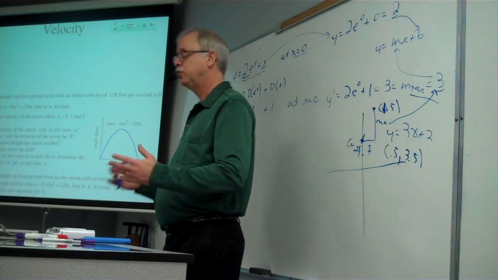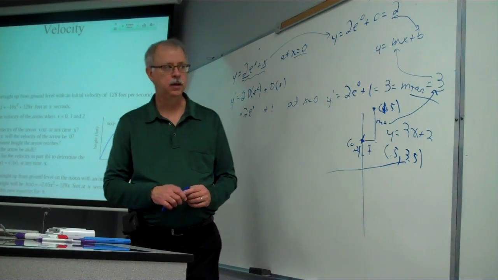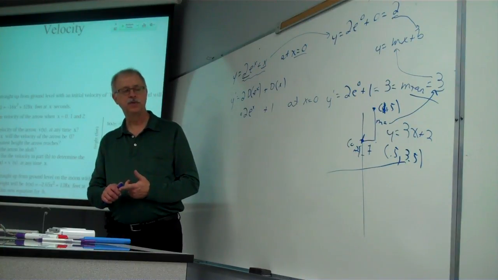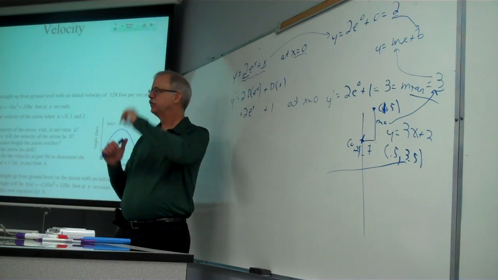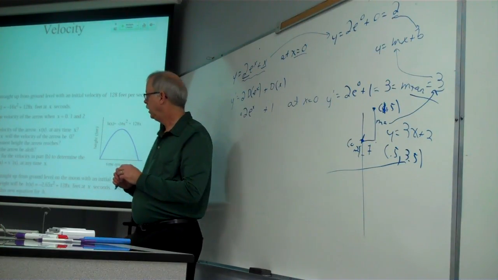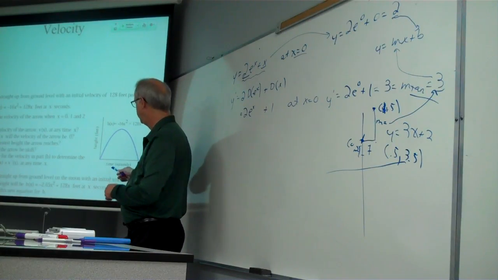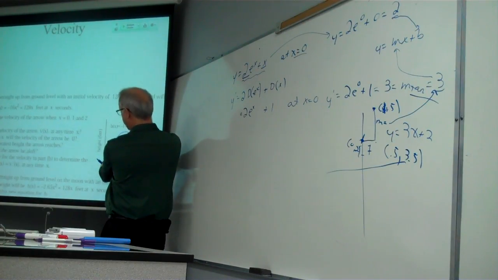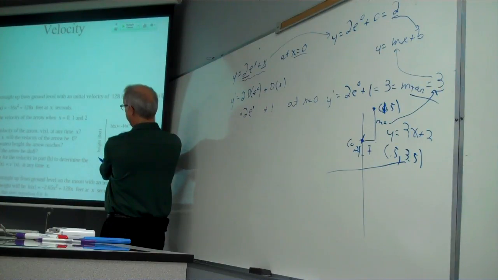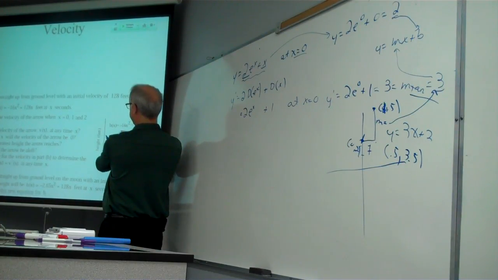Now, another interpretation that we've talked a little bit about, besides the slope of the tangent line, is the instantaneous velocity. If our graph is height over time, the slope of the tangent line is the instantaneous velocity. How much does the height change over time?